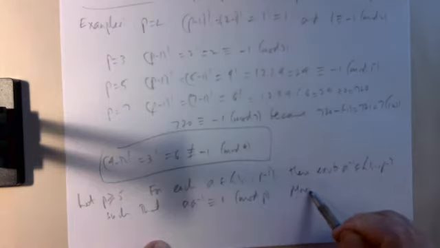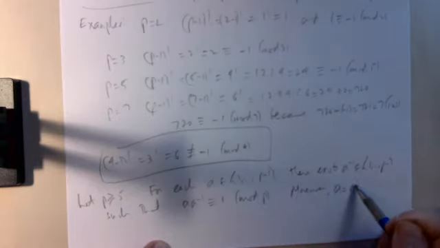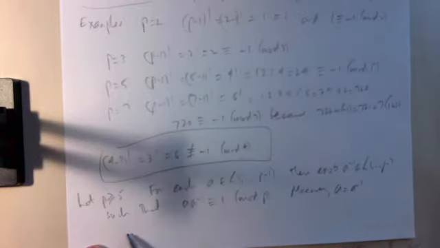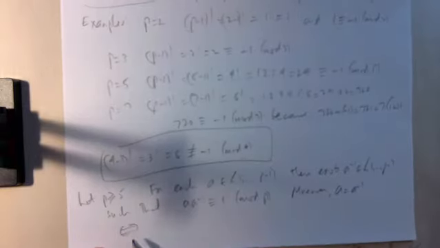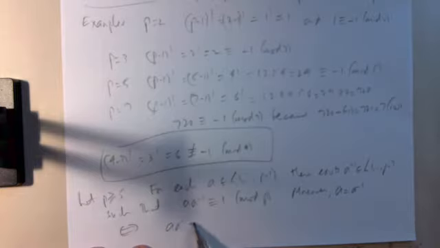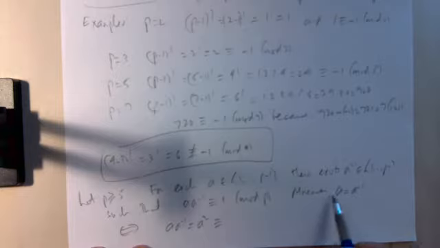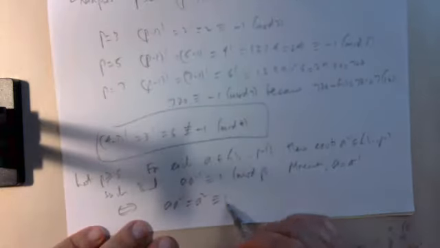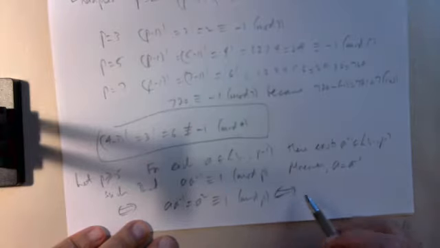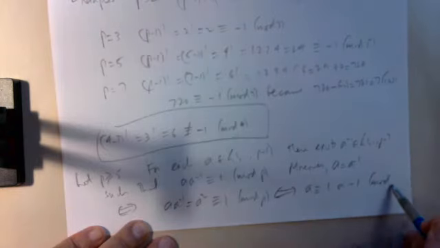And moreover, a equals a inverse if and only if a times a inverse, which is a squared if a inverse is equal to a, is congruent to 1 mod P, which we just saw happens if and only if a is congruent to 1 or minus 1 mod P. So what this says is the following.